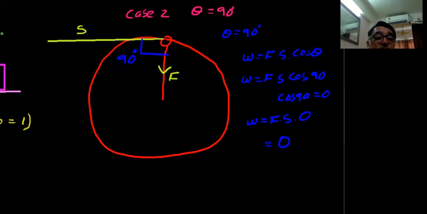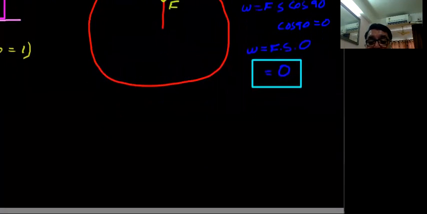So if theta is equal to 90 degrees, work done is equal to 0. If a body is moving in a circular path, theta is equal to 90 degrees and the work done is equal to 0.